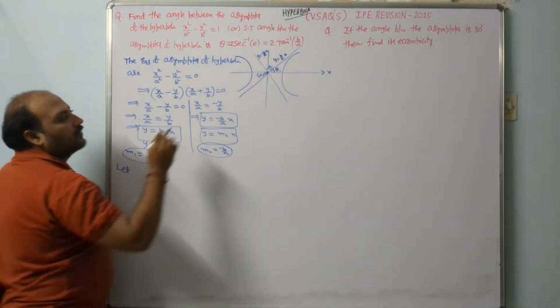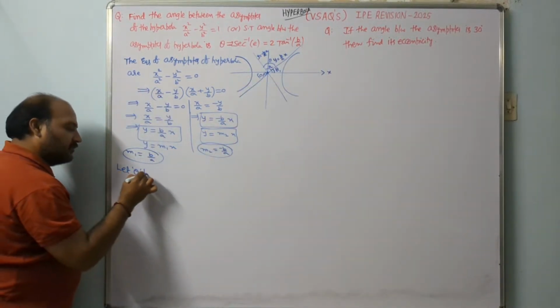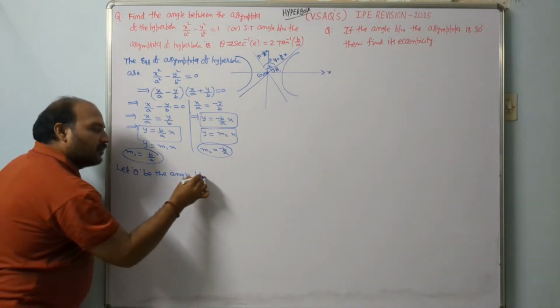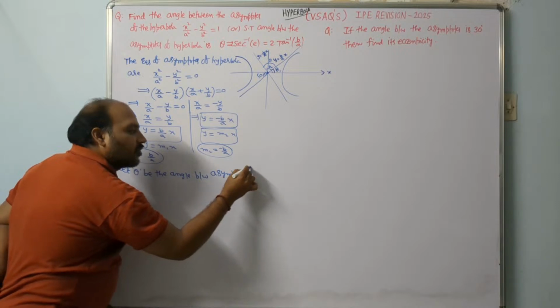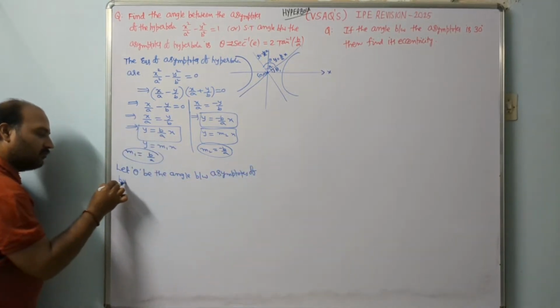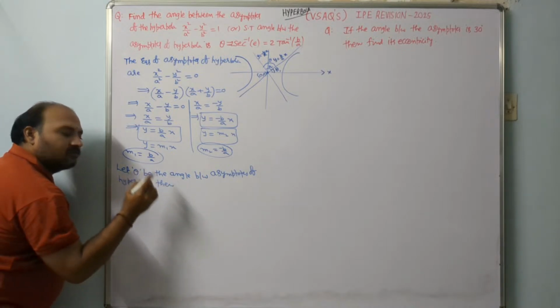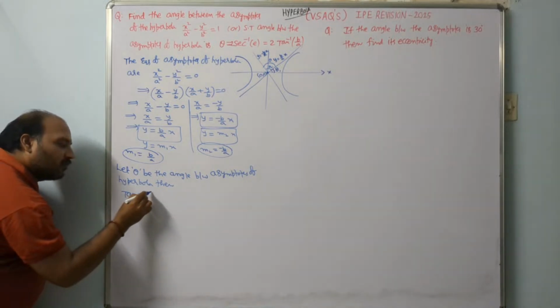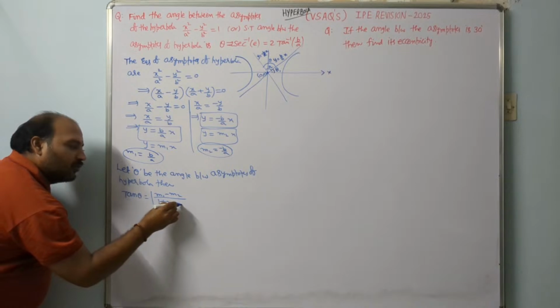Let theta be the angle between asymptotes of hyperbola. Then tan theta equal to mod of m1 minus m2 by 1 plus m1 m2.